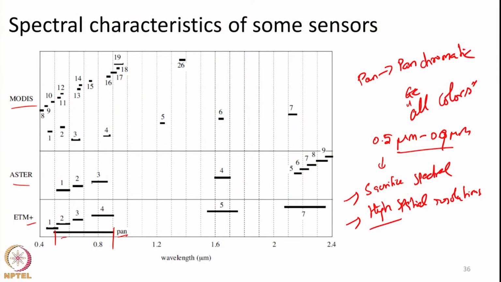So, Landsat has a panchromatic band and each band defines the number of bands a system has and its spectral bandwidth. You can see how wide this particular band 7, how wide this band 5 in Landsat ETM plus, whereas in Modis most of the bands are pretty narrow. So, Modis has fine spectral resolution than Landsat or Aster sensors.